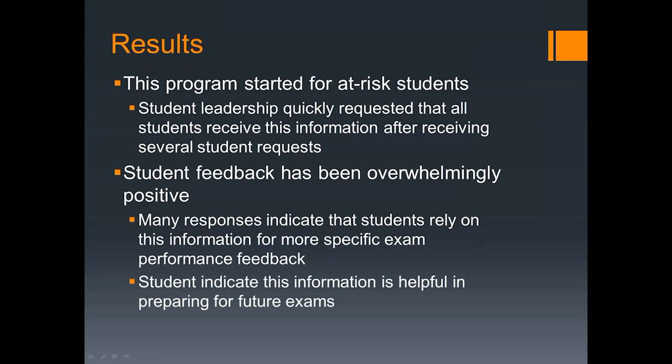So just winding down here over the next couple slides, the results. First of all, this program started for at-risk students. So we would give this information directly to the faculty advisor for those students that were struggling in a given area. If they had under 70% on an exam, their faculty advisor would make sure to bring them in.